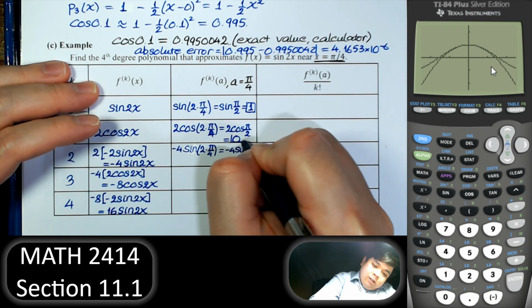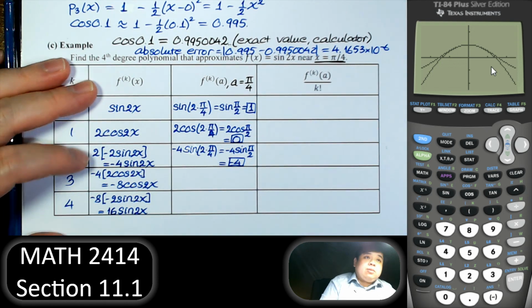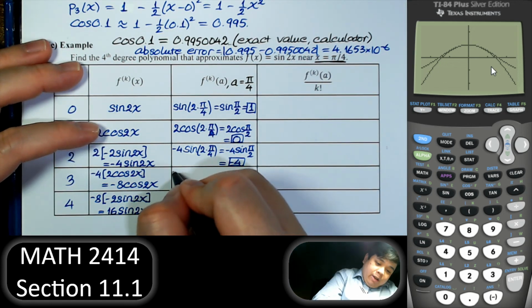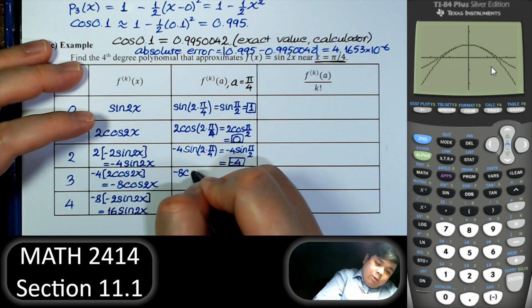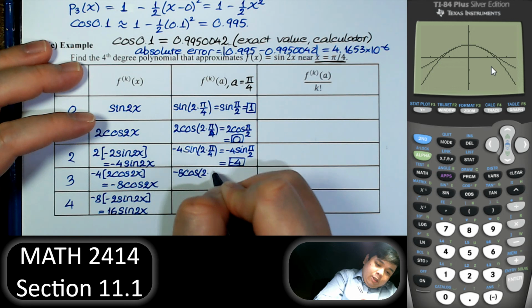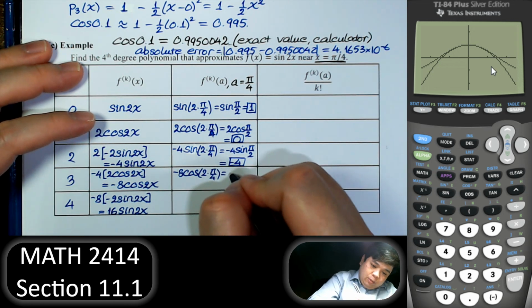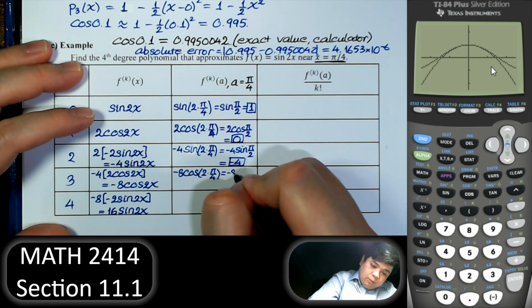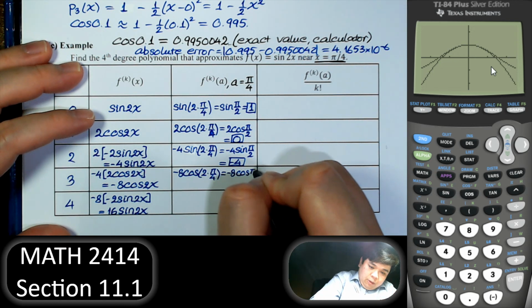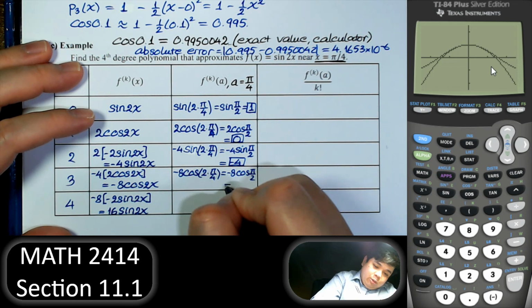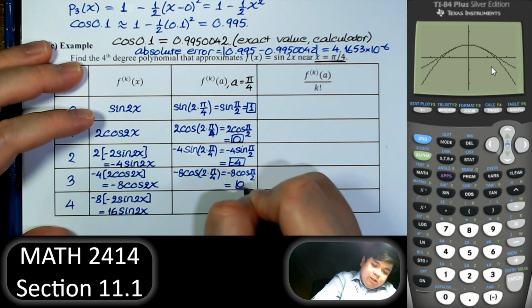So 1, 0, negative 4. And then we have negative 8 cosine of 2 times pi over 4, and cosine of pi over 2 once again is 0.